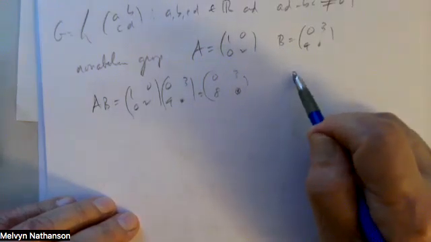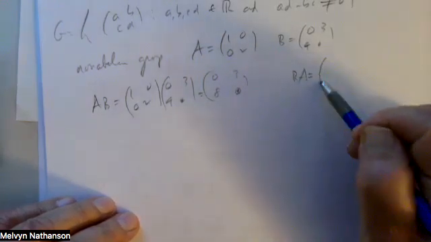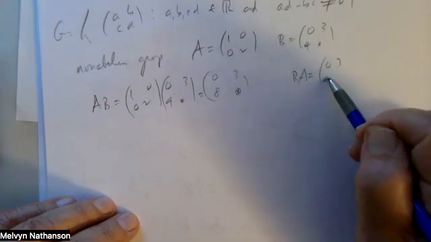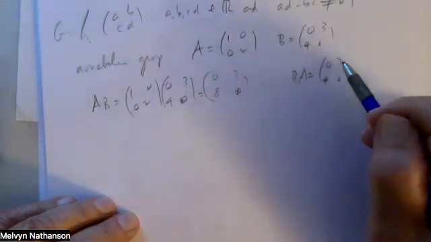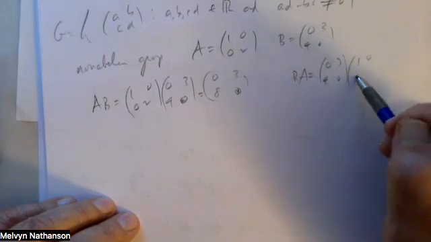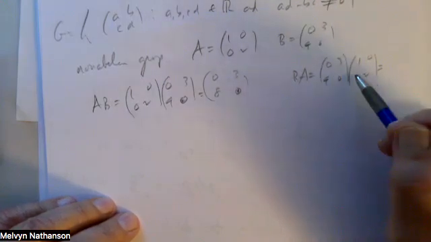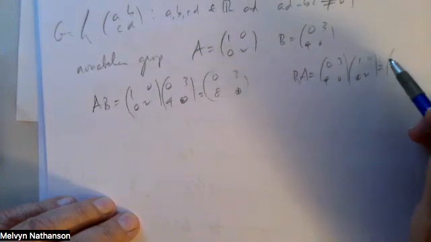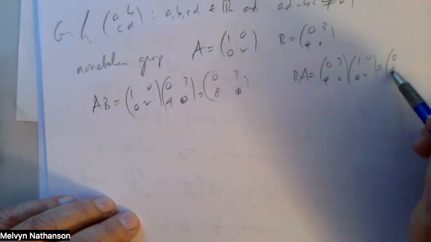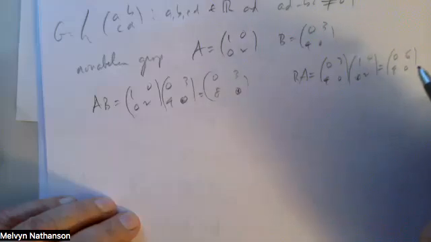If I multiply B times A, I get 0, 3, 4, 0 times 1, 0, 0, 2. That's equal to 0, 4, 6, 0.